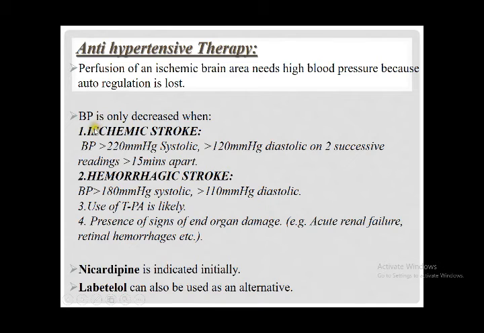BP is only decreased if in ischemic stroke it is highly raised, like more than 220 systolic or more than 120 diastolic on two successive readings more than 15 minutes apart. Otherwise, if BP is up to 200 or 110 diastolic, you should not rapidly decrease blood pressure in ischemic stroke, and it is very important to notice.